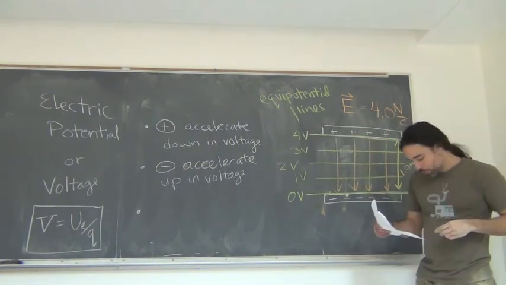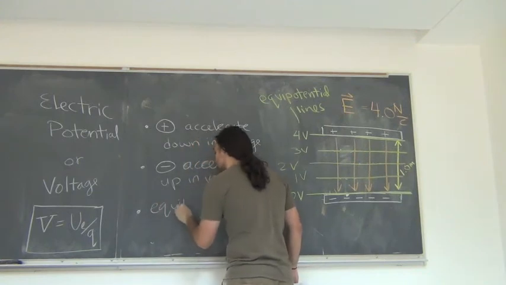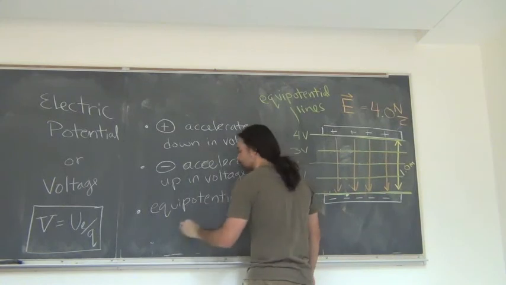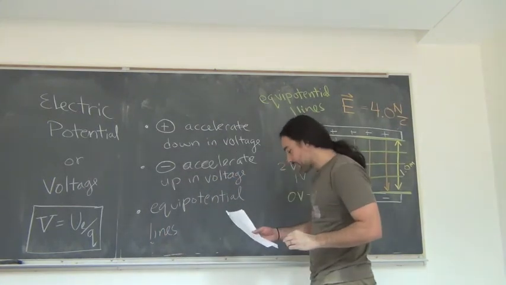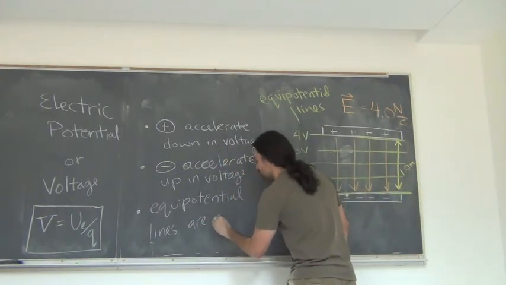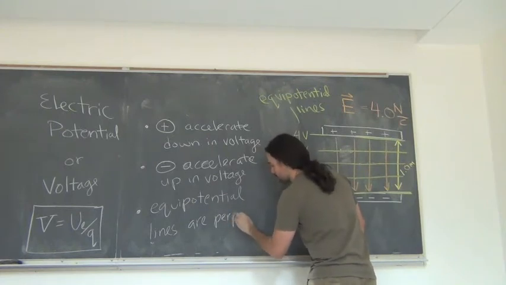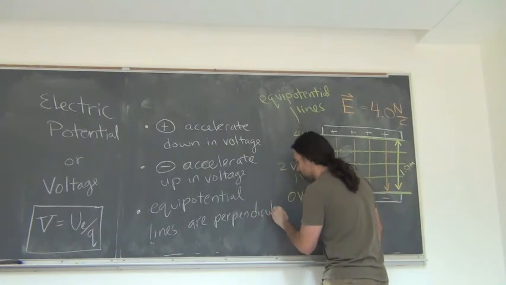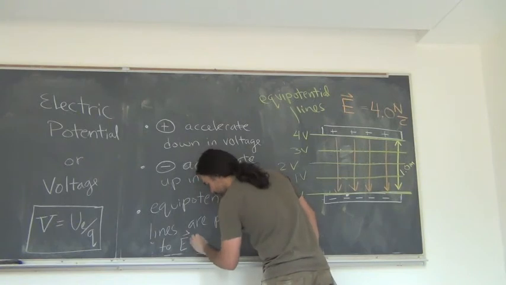And it must be true that equipotential lines are perpendicular to the electric field.